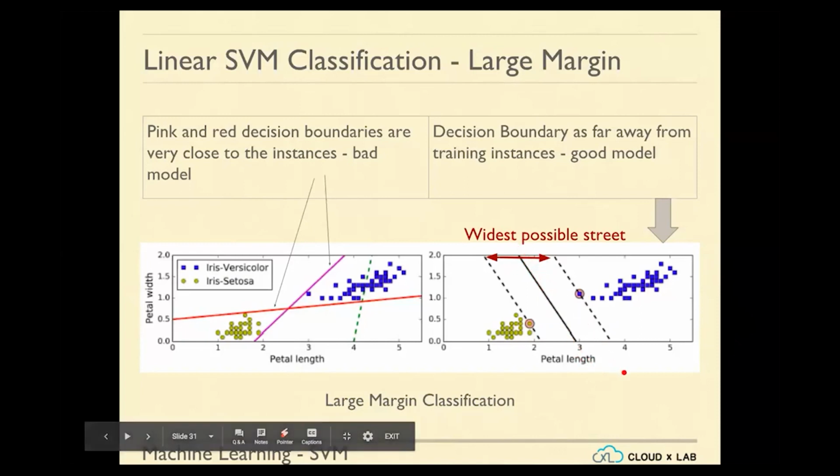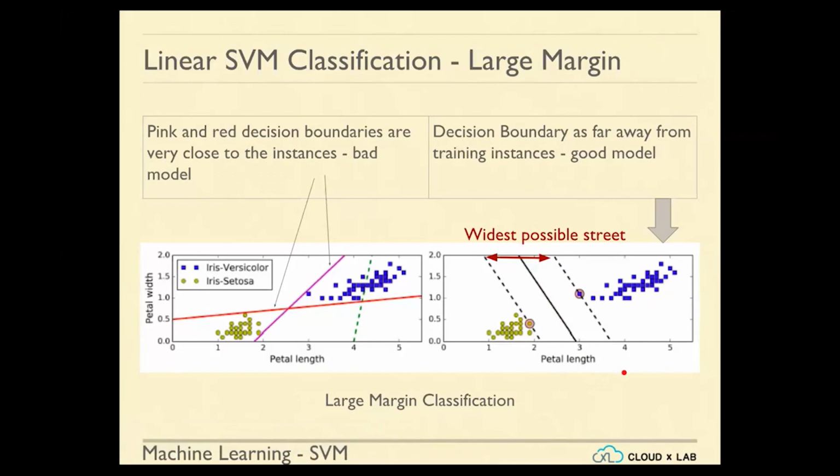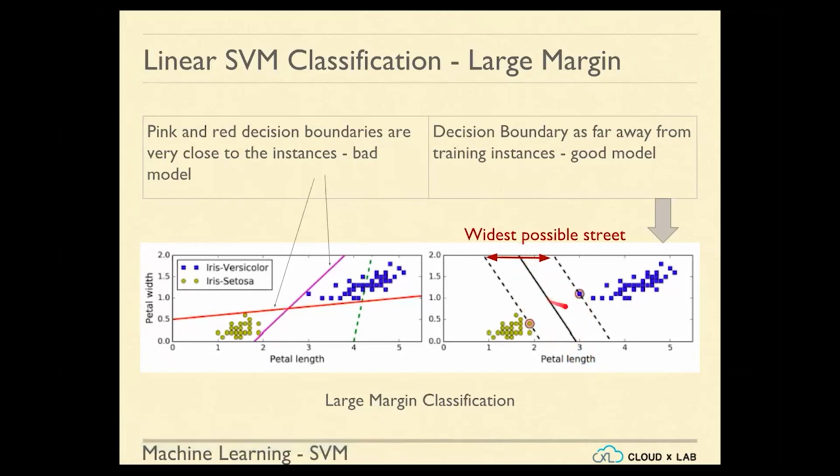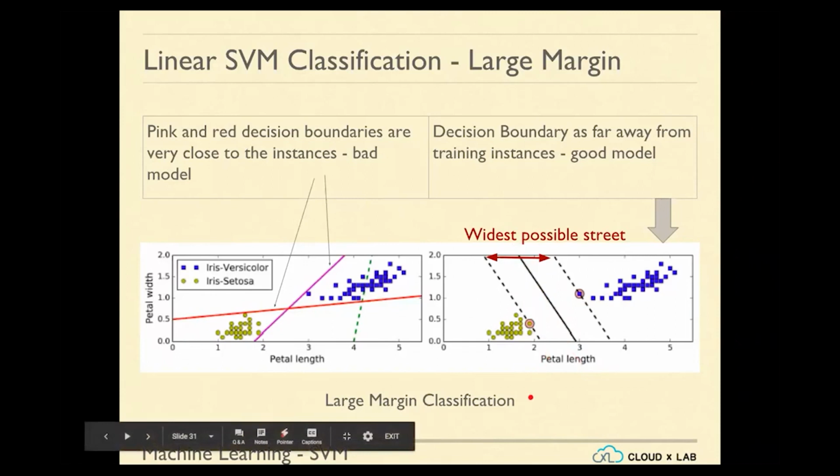So using geometry and optimization techniques, we figure out that street that can fit between the two data sets really well, and the widest possible street becomes our model. The decision boundary, which is at the middle of the widest possible street, becomes the model.